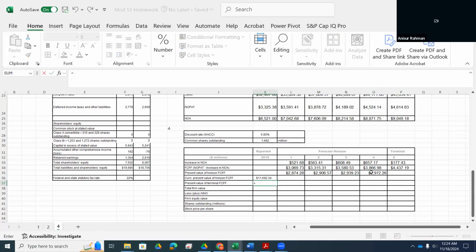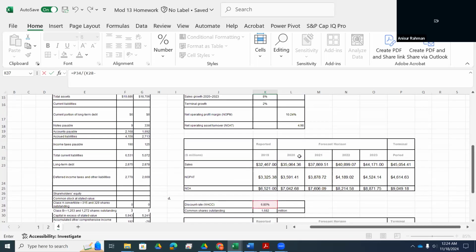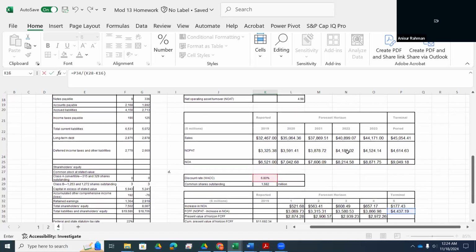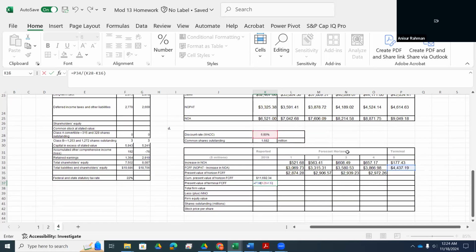So again, first we'll calculate the terminal value, which is our year 5 free cash flow divided by open parenthesis, our discount rate minus, scroll up, our terminal growth rate, 2%, close. So this is our terminal value.